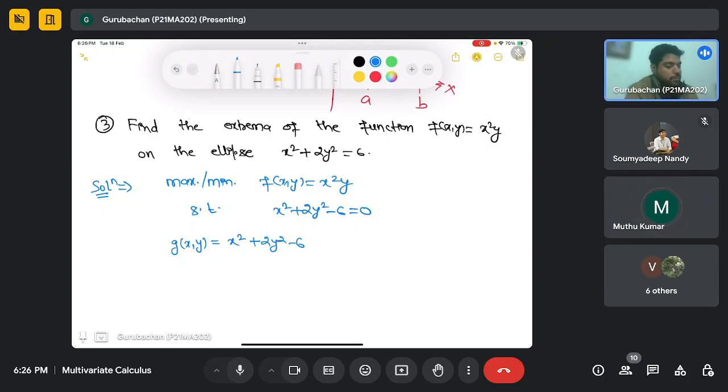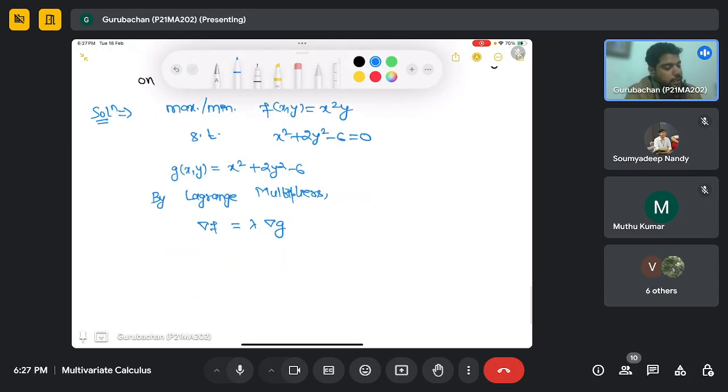Yes, absolutely right. So by Lagrange multipliers, we know that del f is equal to lambda del g.